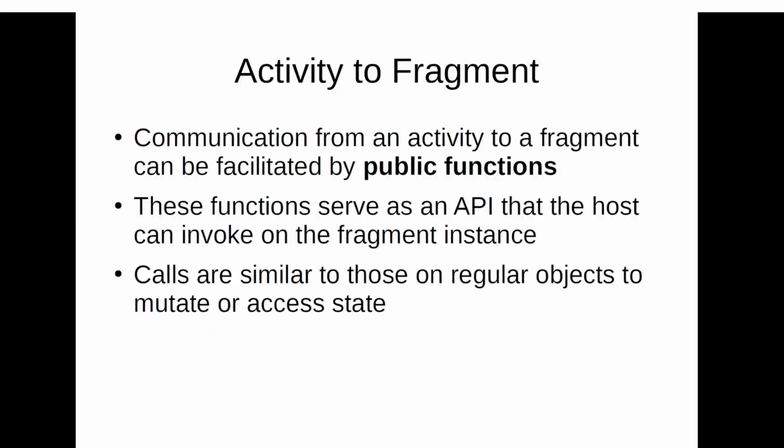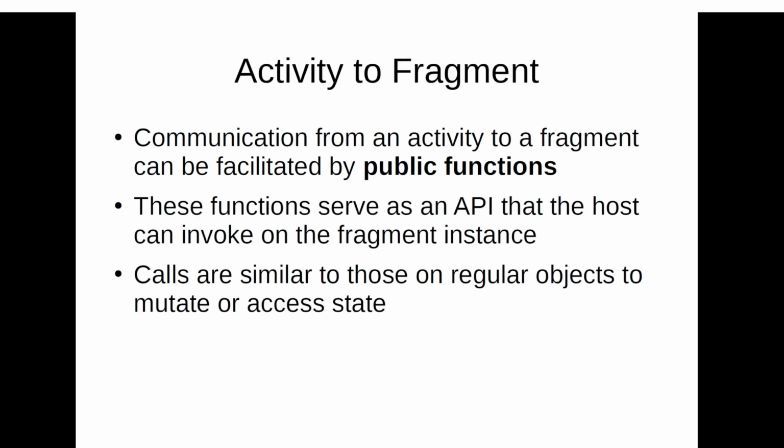So we're going to start by looking at ways that we can communicate from a host, in this case our activity, to a fragment. Now, this is the most straightforward mechanism for communication because this can essentially be done by just creating a set of public functions in your fragment definition.